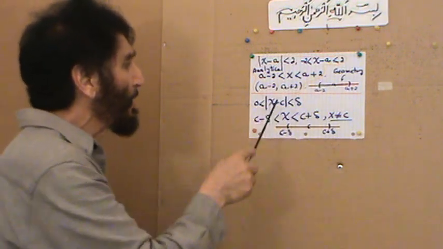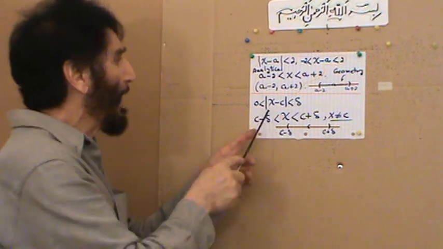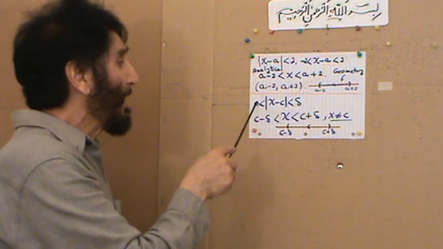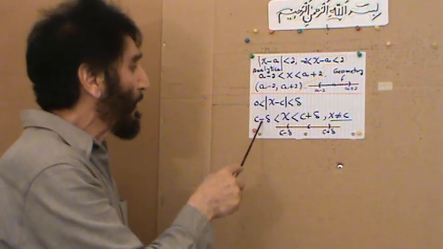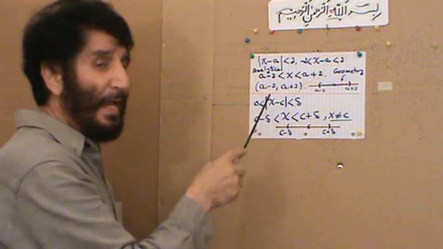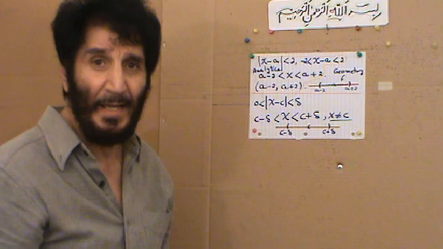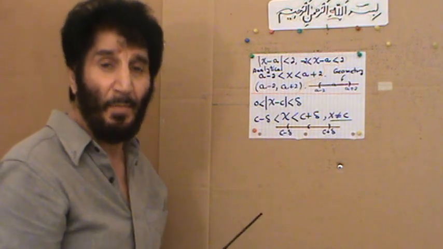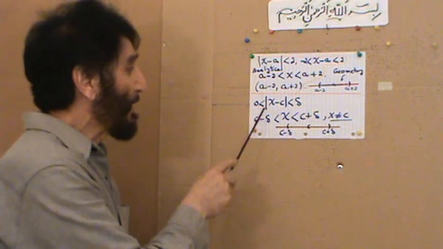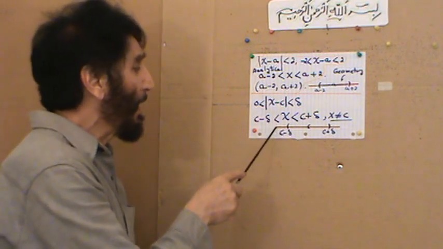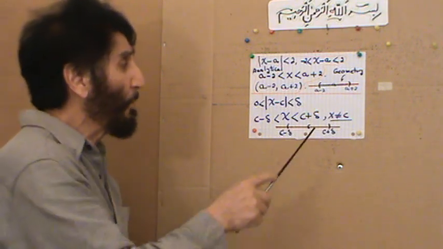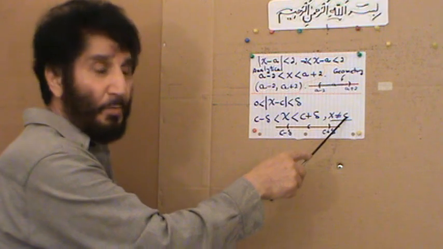Now we can apply this to the limit definition. So x minus c less than delta, where delta is a positive number, means this. The only difference is that here x cannot assume the value of c; it can assume all the values in its neighborhood, but not the value of c. You follow me? So if you write it in interval notation, you have to mention that x is not equal to c.